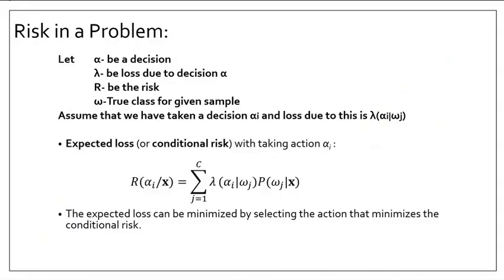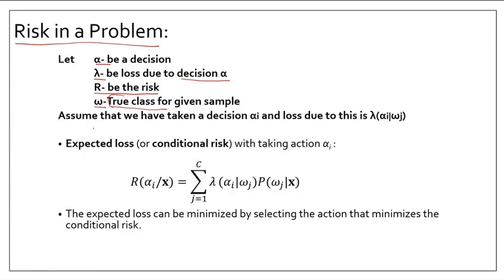Now we will see what is risk in a problem. Let alpha be a decision, lambda be the loss due to a decision alpha, and R be the risk involved. Omega is the true class for a given sample.